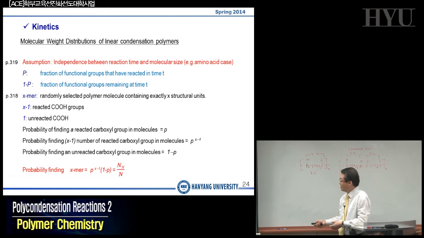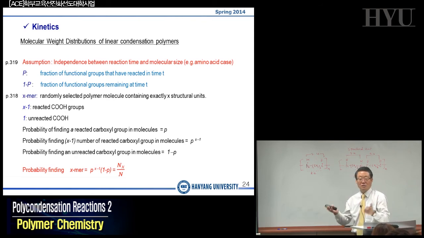I think this is N0 here. So the probability of finding xmer can be found in terms of the probability. Okay? Because we have to treat this as a distribution in terms of statistics.